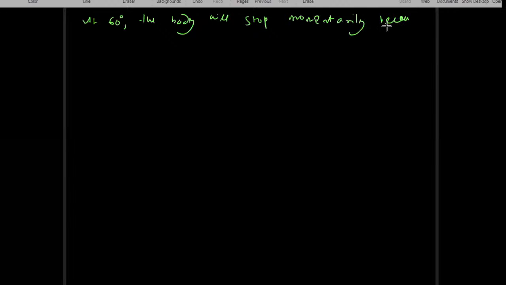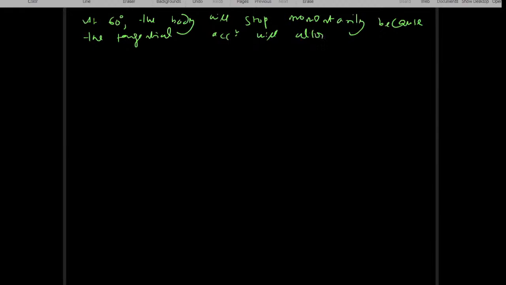Because the tangential acceleration will not allow the body to be at permanent rest.